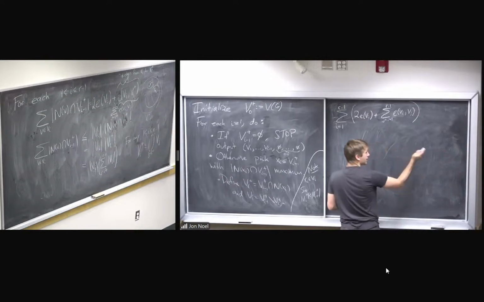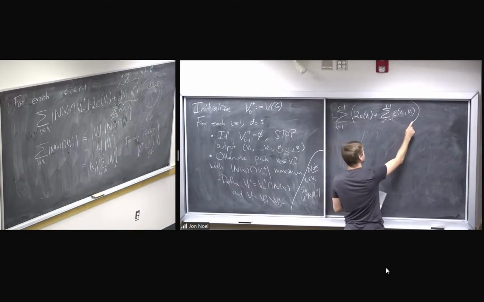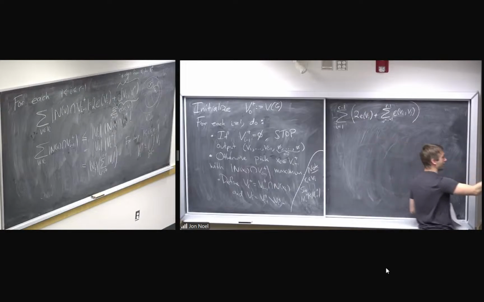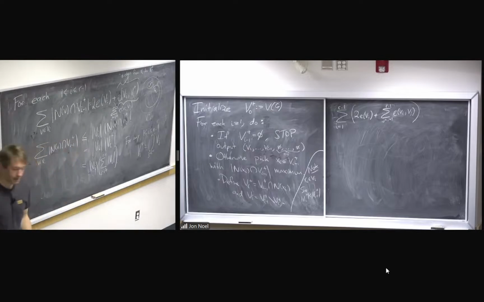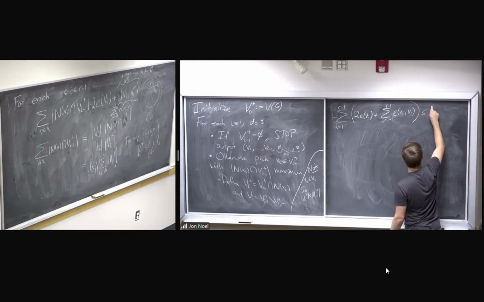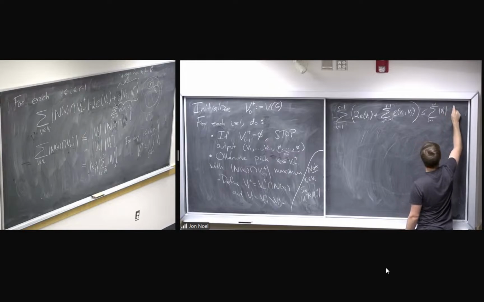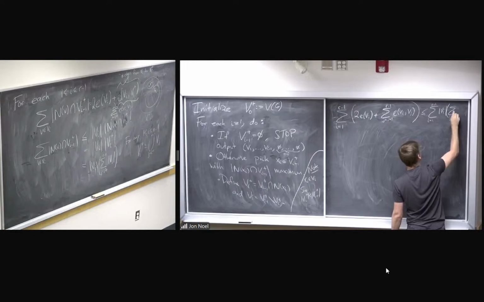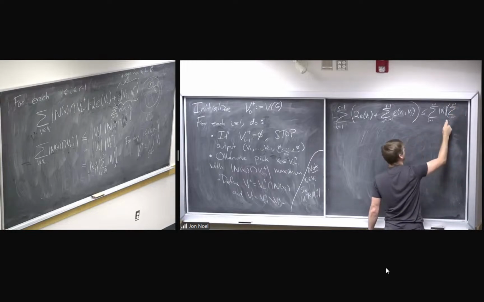So if I take this inequality, what I get is that this is equal to this sum here, which is at most this number, and we're summing this over all i.